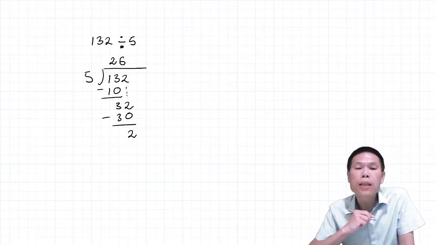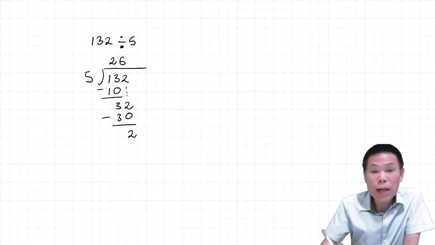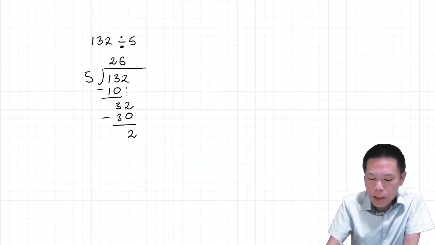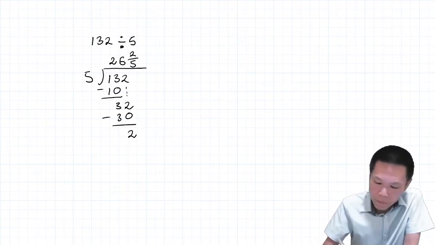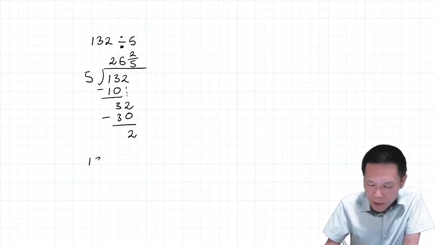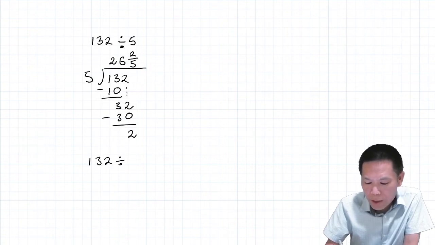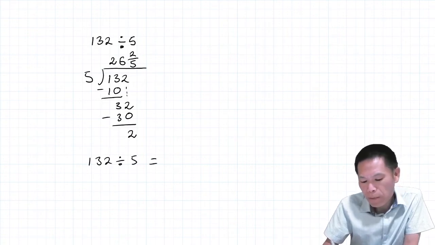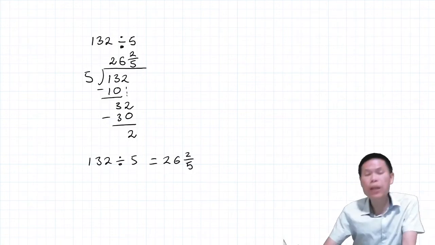So that is the remainder. To write it as a mixed numeral, that means 26 and 2/5. So therefore, 132 divided by 5 will give me 26 and 2/5. There you go.